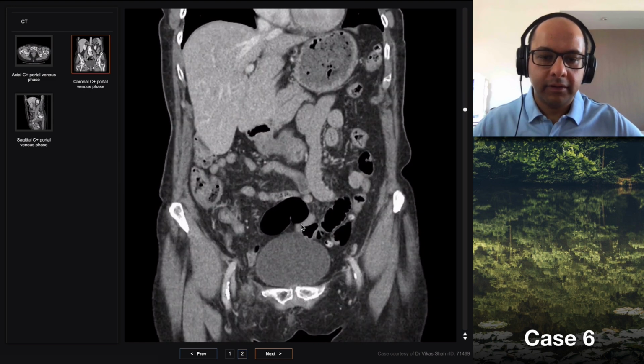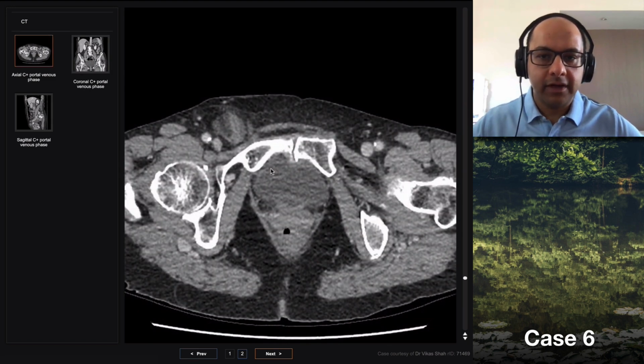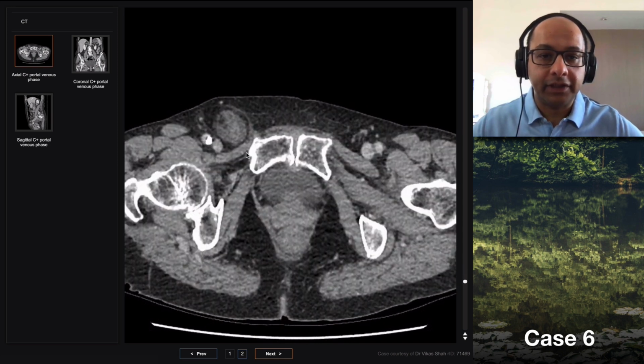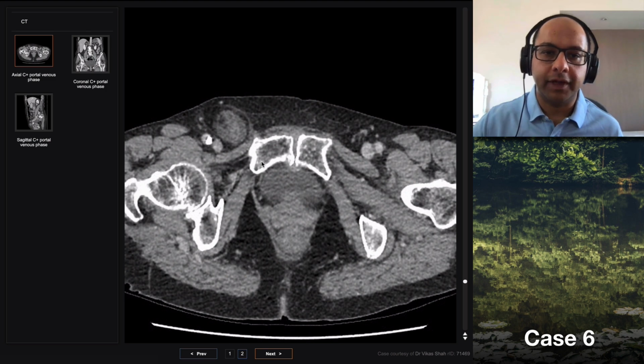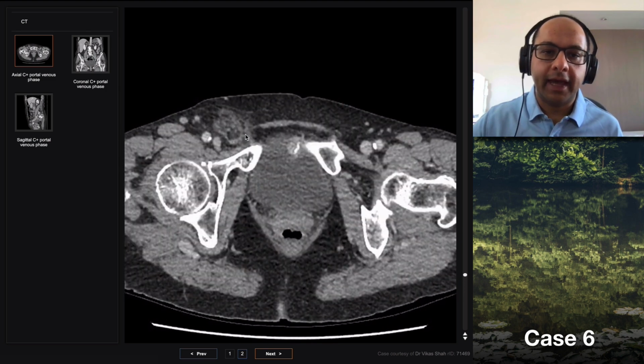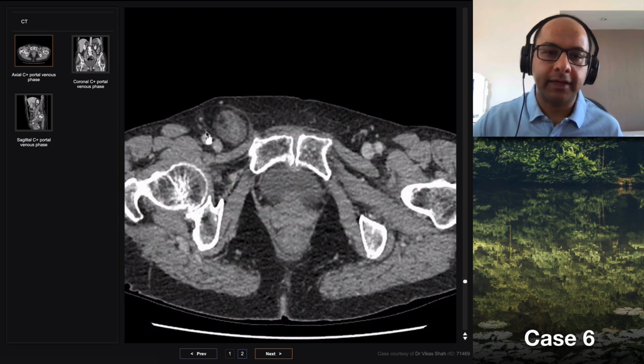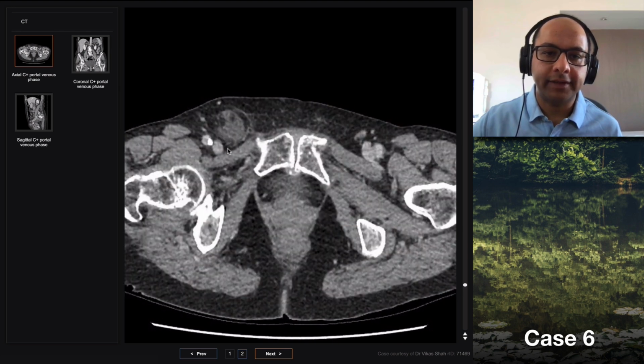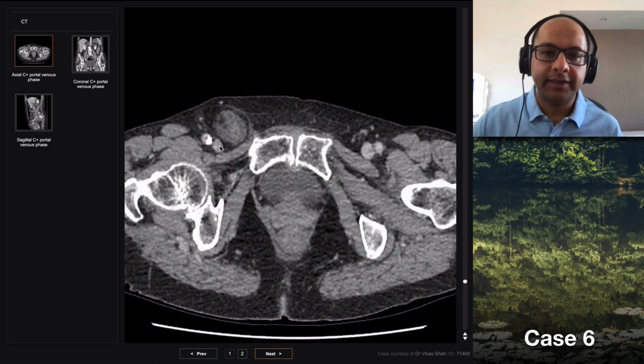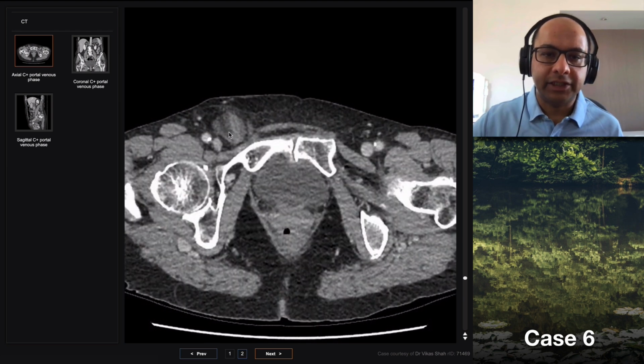It can be tricky on CT and MRI to differentiate inguinal from femoral hernias. What I look at here is that this is very close to the medial aspect of the femoral vessels, and the femoral vein on this side is slightly narrower compared to the left side, suggesting mass effect.